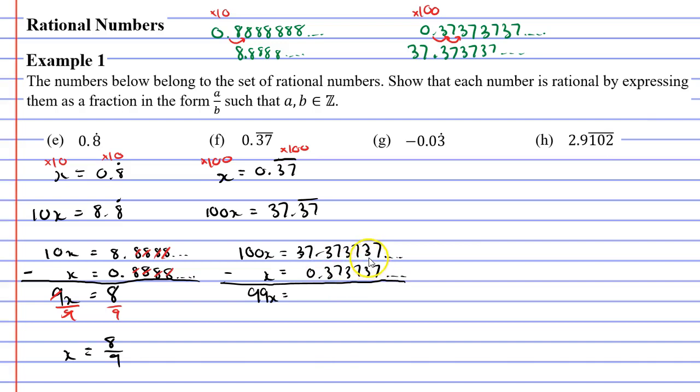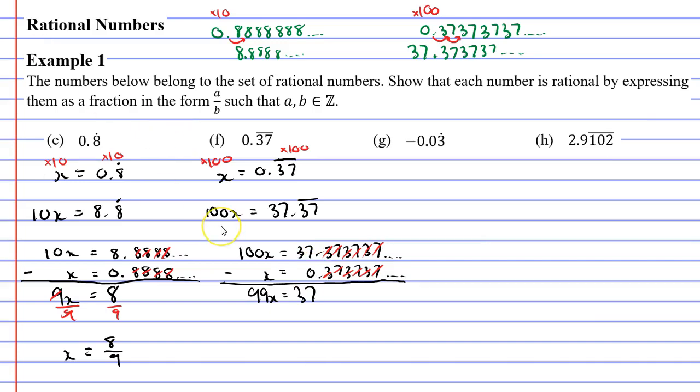Looking at the right-hand side and focusing on the recurring decimal, you'll see that the 7s cancel, the 3s cancel, which is exactly what we want. We want to cancel the recurring decimal so that we get a number that is not continuous, a number that finishes, I guess. So 37 minus 0 gives us 37.